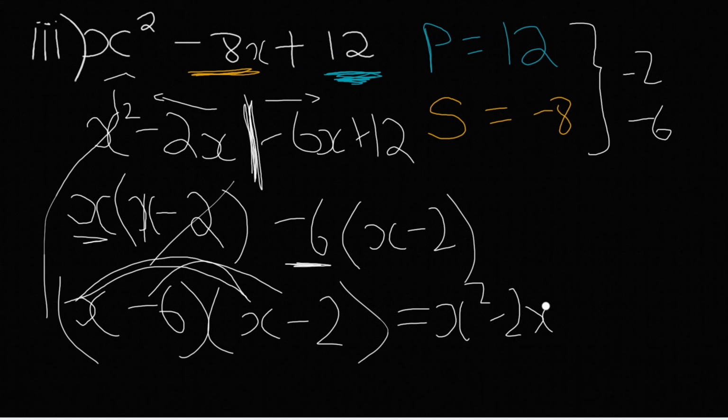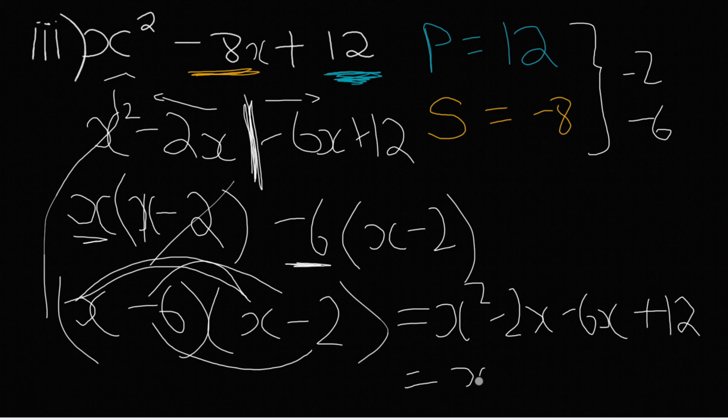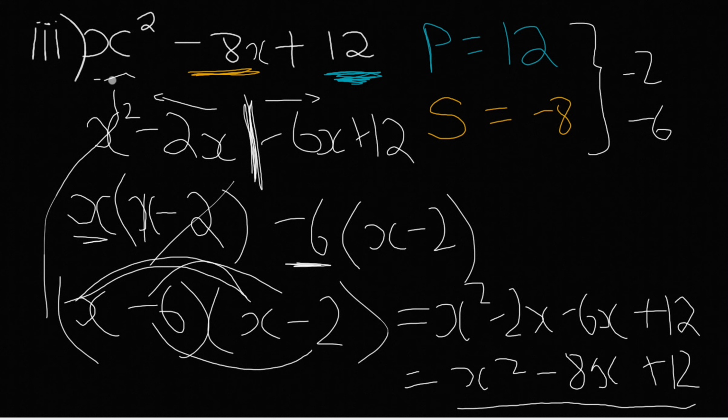Minus 6 times x is minus 6x. And minus 6 times minus 2 is plus 12. Once again, when you multiply two negatives together, you get positive, right? So that means your final answer would be x squared minus 8x plus 12, which is what we have here at the beginning. That's how you know your answer is correct.